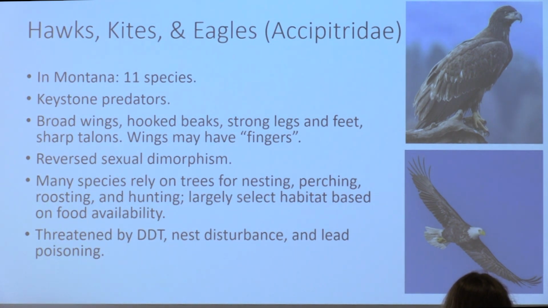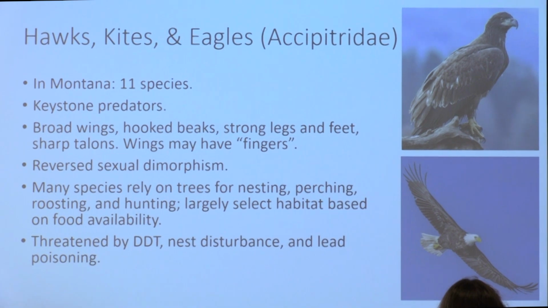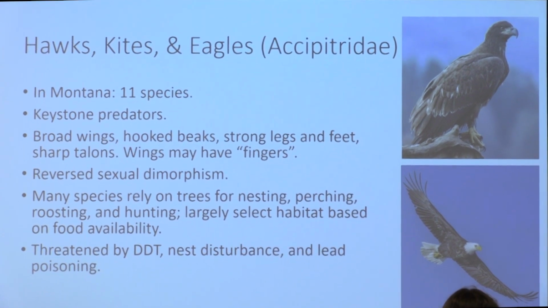But a keystone species we usually define as one that has a disproportionately large effect on its natural environment relative to its abundance. So these tend to be predators that are few in number, but have a very large impact on their much more abundant prey.